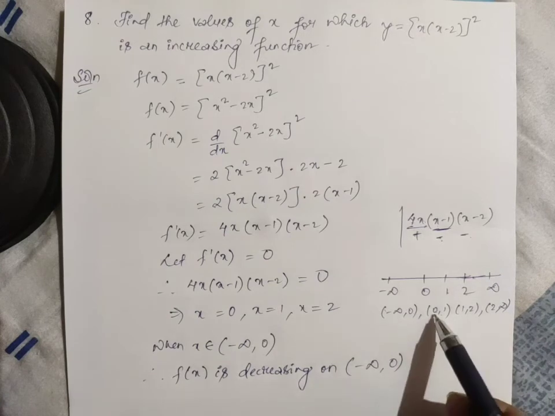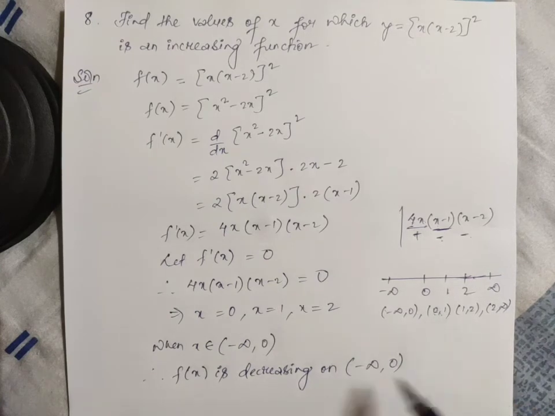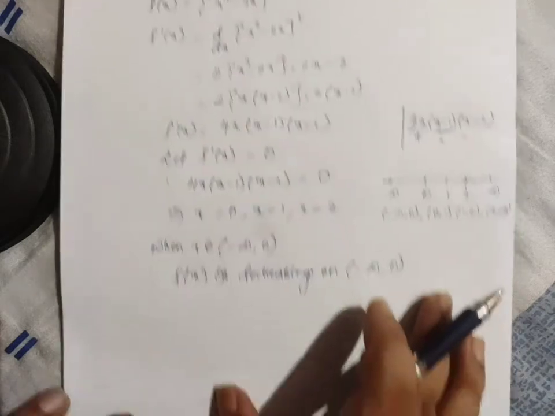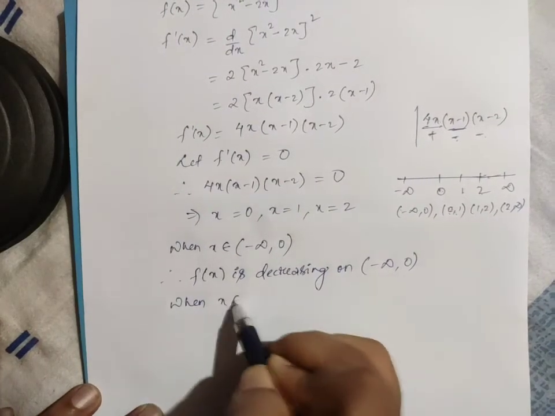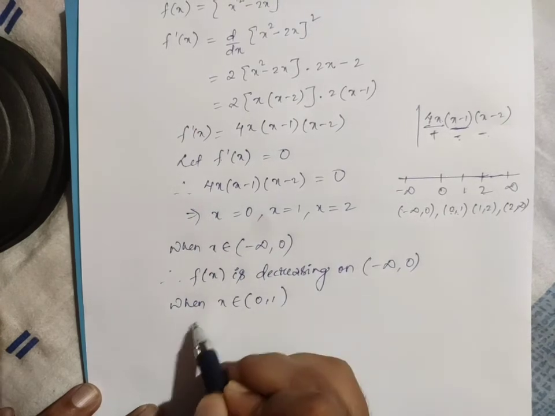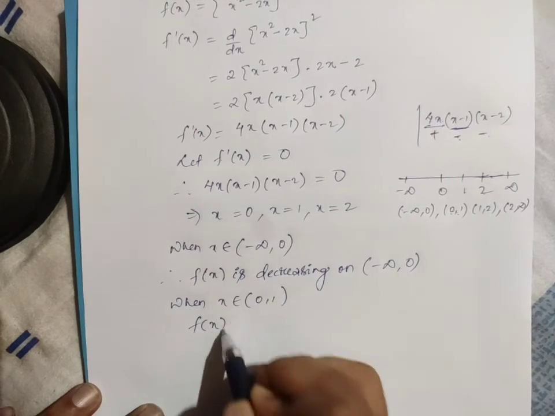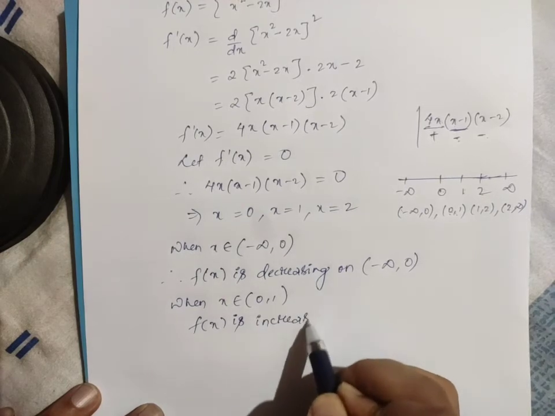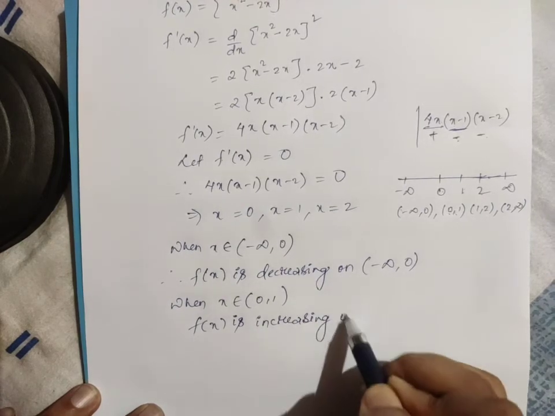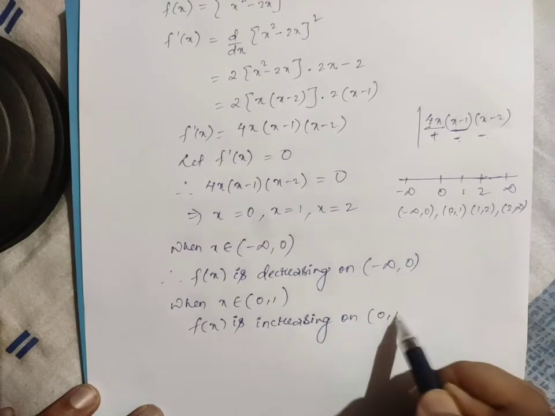That means for x belonging to 0 comma 1, f of x is increasing on this interval 0 comma 1.